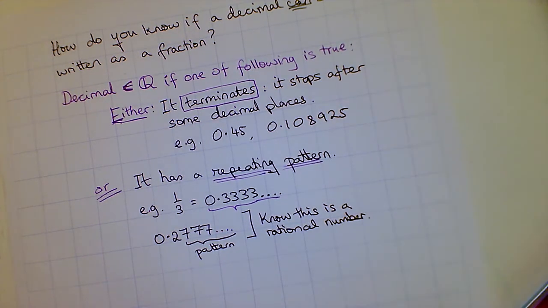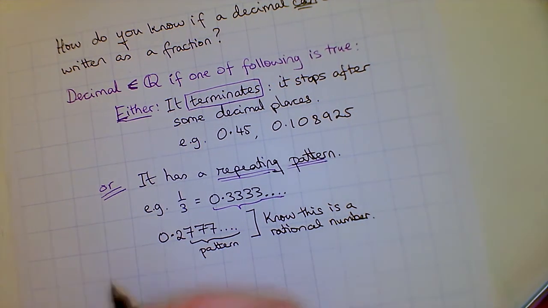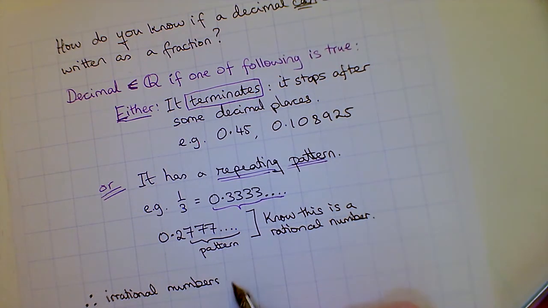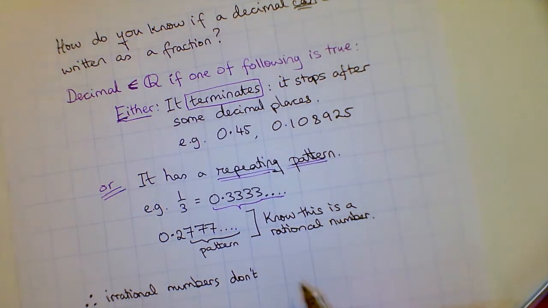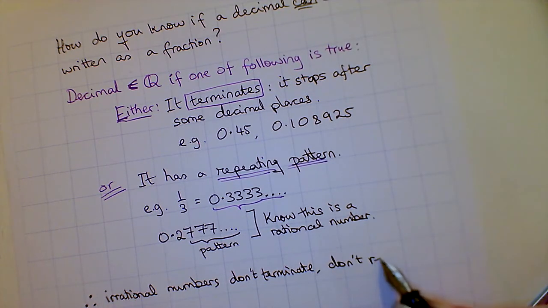Must be. Okay? So, therefore we can say irrational numbers don't terminate. So when you write them as decimals, they don't terminate. And they don't repeat either. They have no repeating pattern.